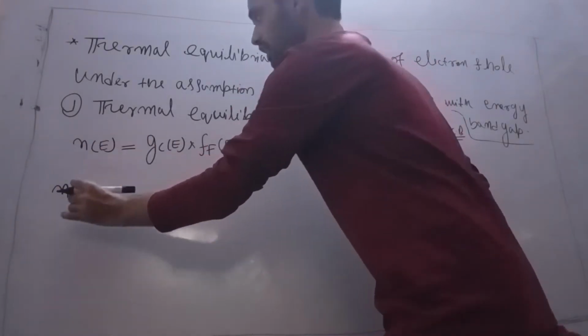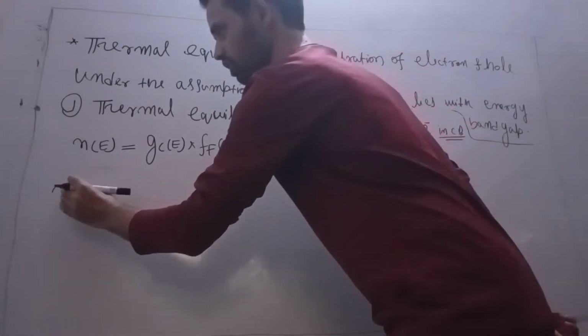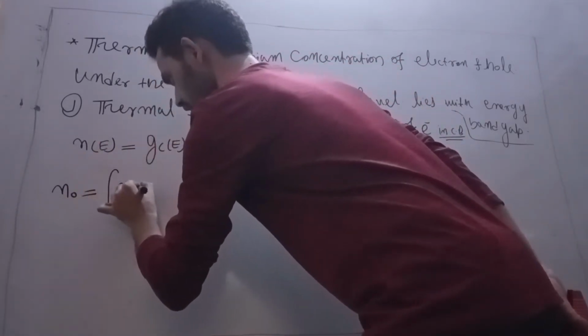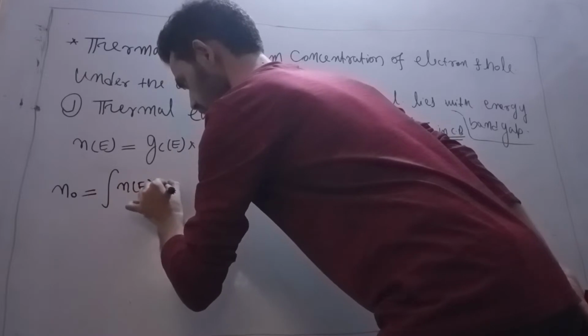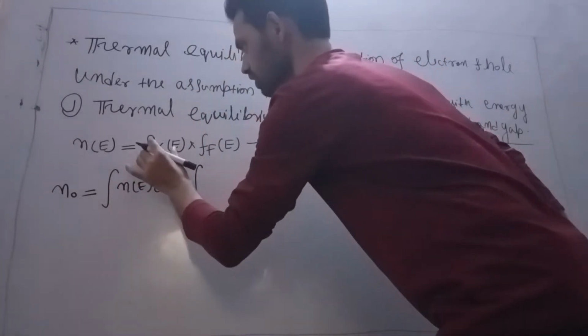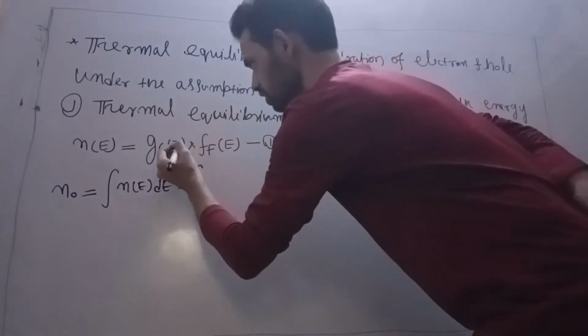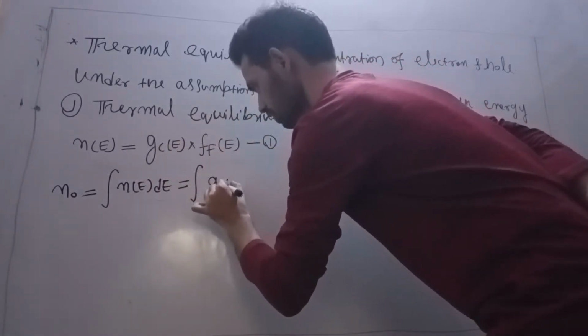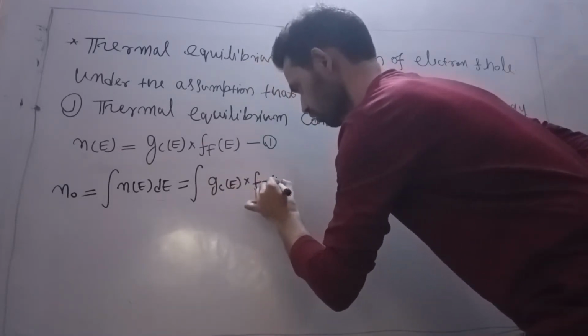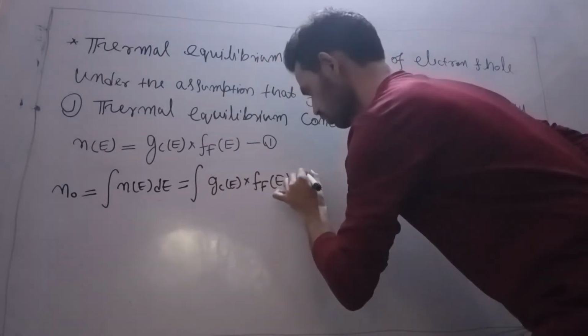So it is also the thermal equilibrium concentration of electron in conduction band, which is nothing but the integral of n(E) dE. As we know very well, that is gC(E) f(E) dE.